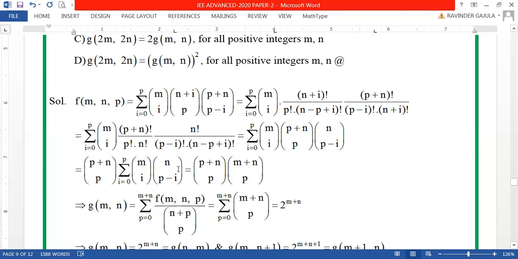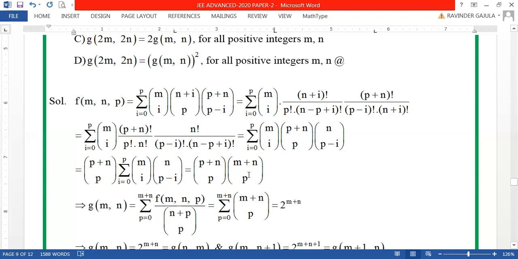So this product will be the coefficient of x^p in the product of the two expansions, (1+x)^m and (1+x)^n. So this can be taken as the coefficient of x^p, which is (m+n)Cp. Okay.